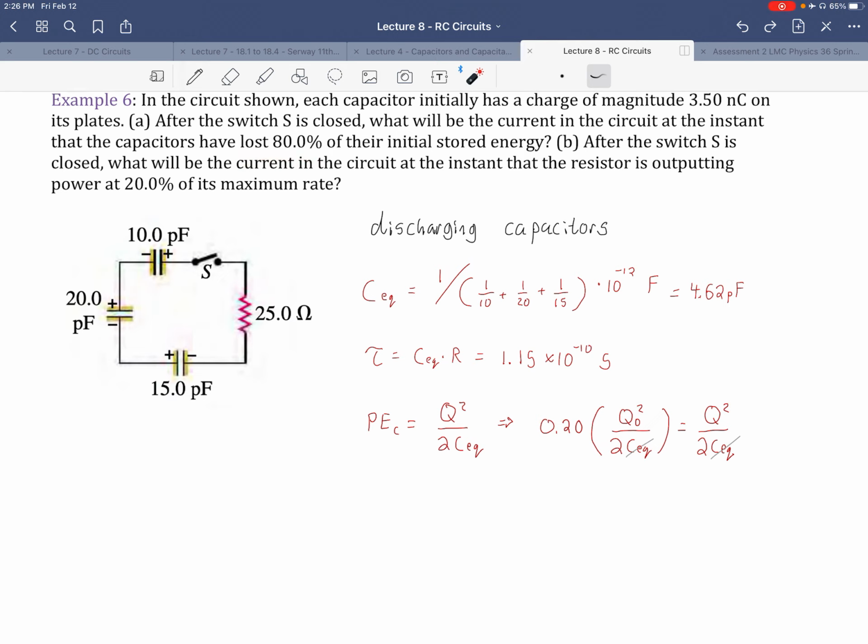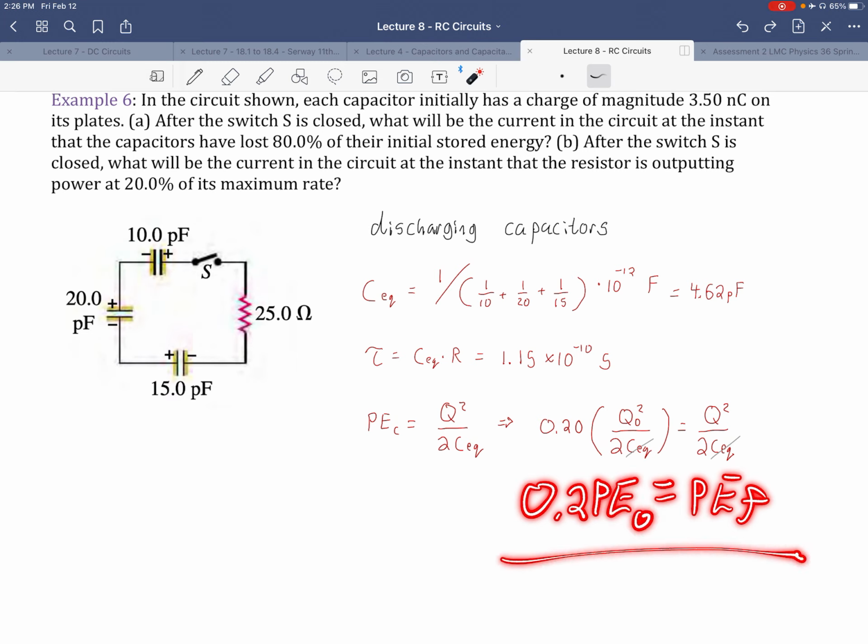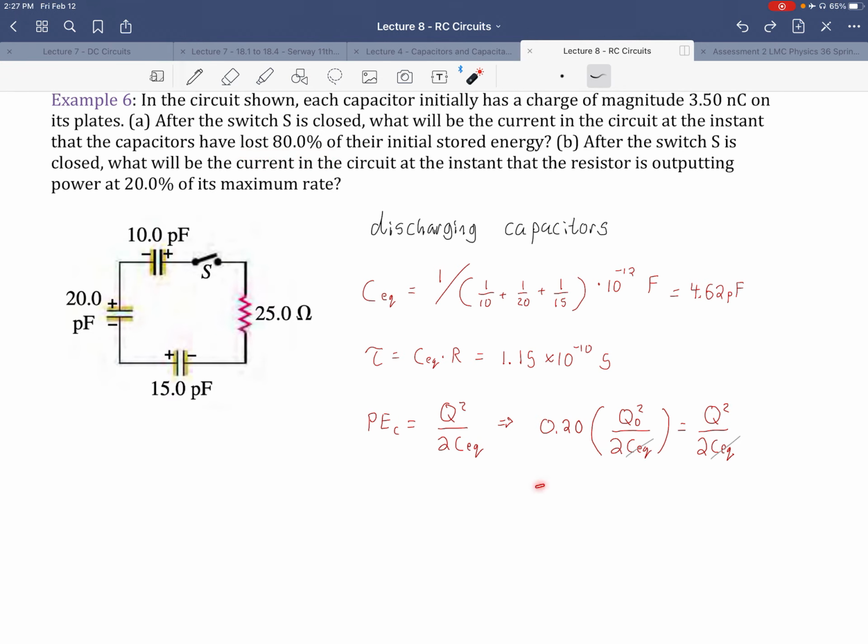So I want my final energy, PE final, to equal 20% of PE initial. I want the final state to be only 20% of the initial because I've lost 80%, and that's what I've written here. I'm going to cancel out terms like the equivalent capacitance, and we'll solve for the final charge.